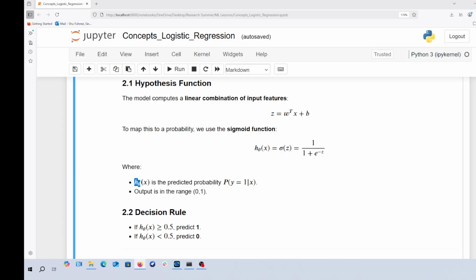So h theta of x is the predicted probability, where we are looking at the probability that y equals 1 given some input. We already saw the notion of probability. If I roll a die, what is the probability that I am going to obtain even numbers?